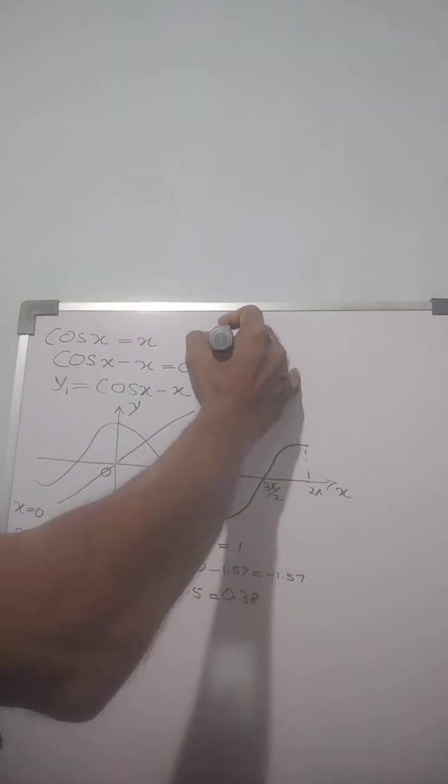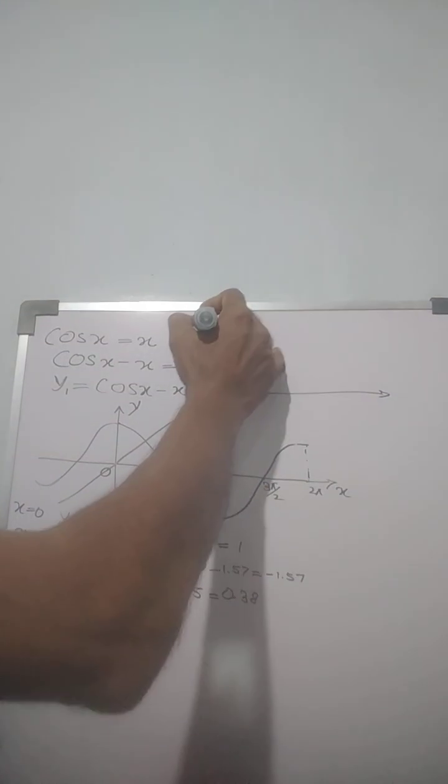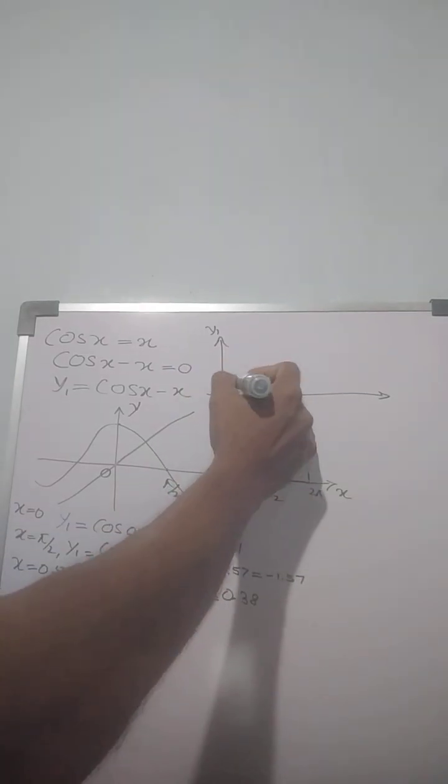Now, on another coordinate system, this is the curve we have for y1.